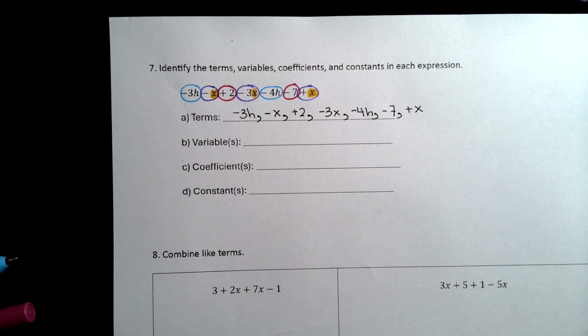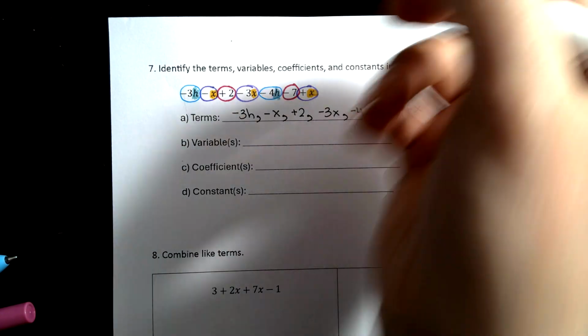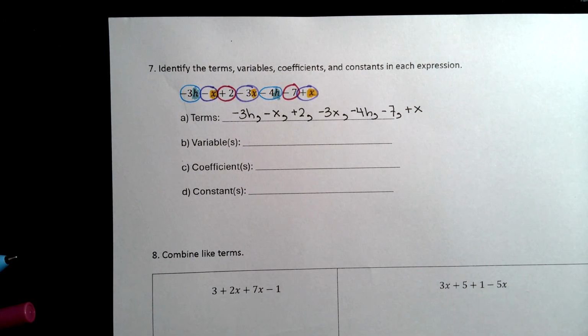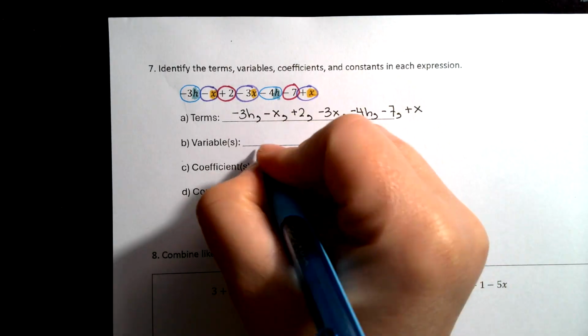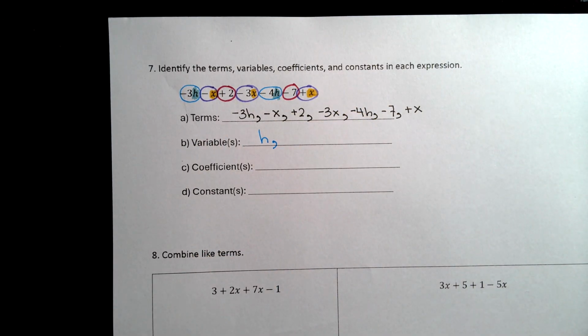And then I have an h. Okay, so for our variables, we are asking ourselves, what different letters do I have? Sometimes you can have 1 letter, 2 letters, 8 letters, but right now we actually have 2 letters. We have an h, comma, and we have an x.